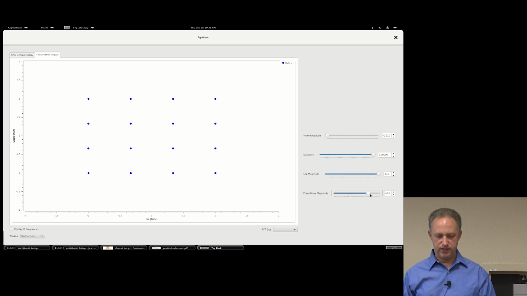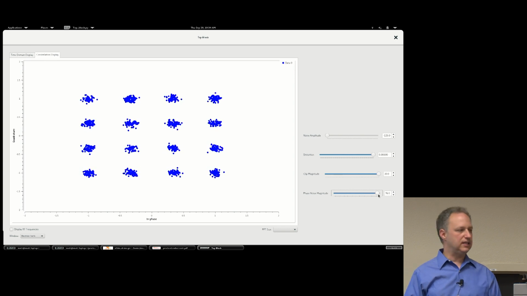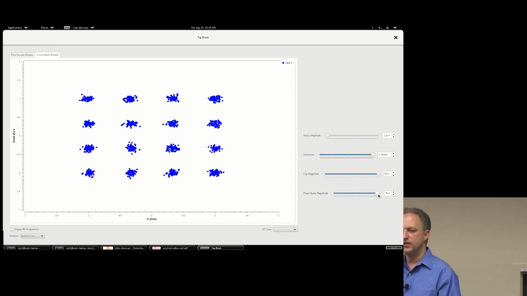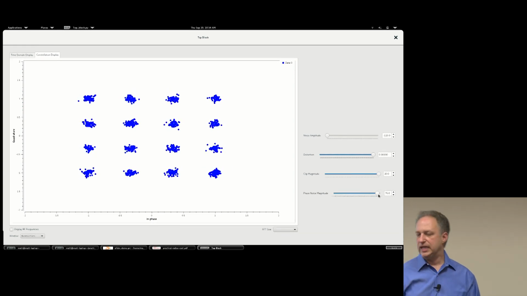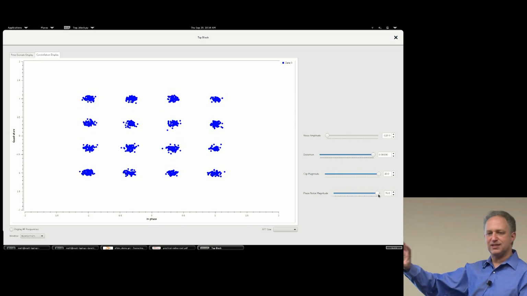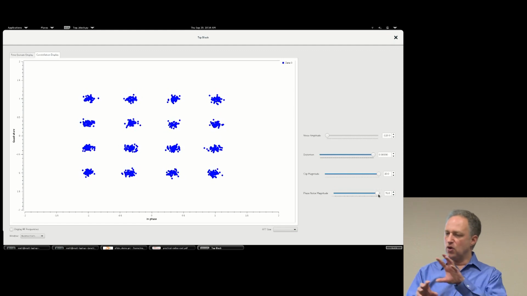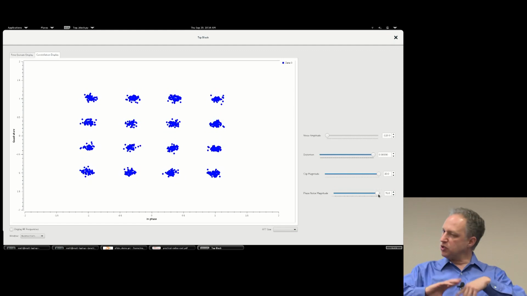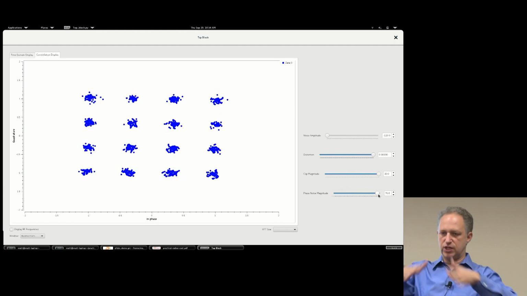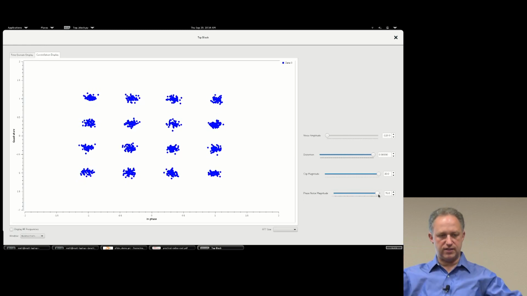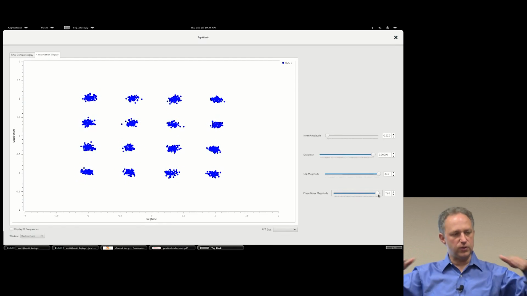When we add phase noise, once again, it looks like Gaussian noise. So why is that? Well, it's individually making each of those constellations rotate a little, but more dominant is when you multiply by phase noise, which is no longer a sine wave, it now has skirts in the frequency domain.